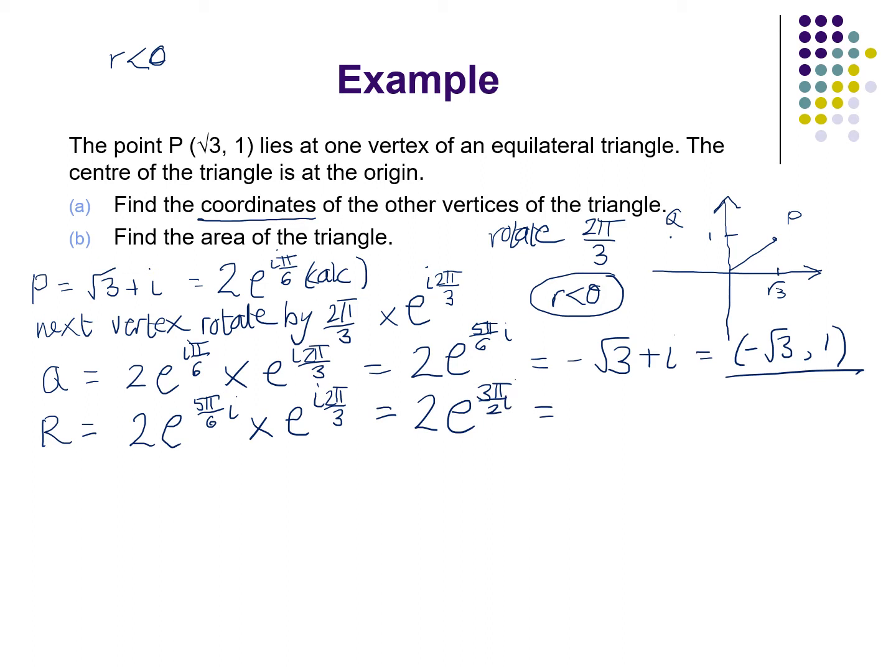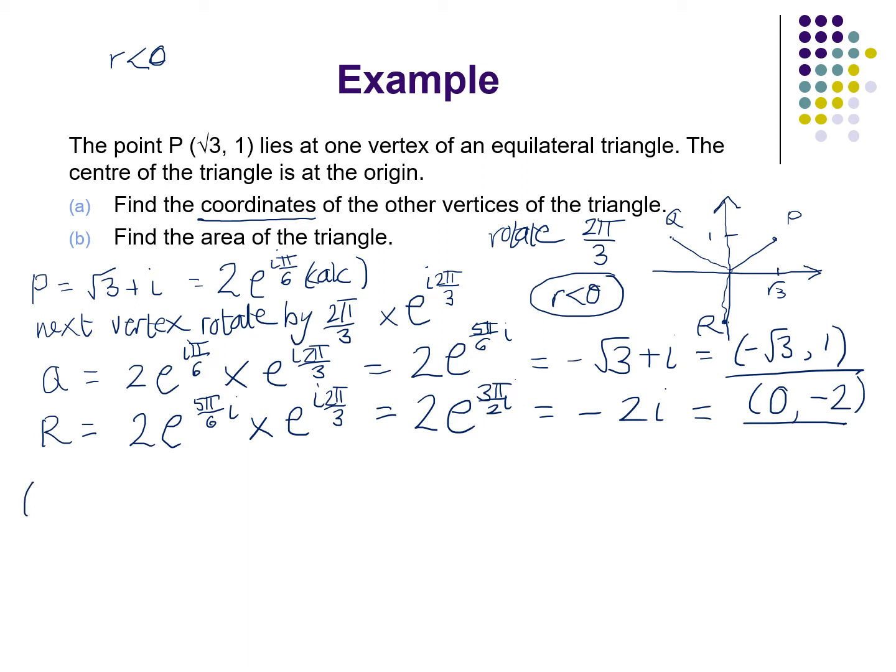And again, use your calculator, that will tell you that's minus 2i, so that's actually down on the imaginary axis down here. So my R is going to be down here to make my equilateral triangle like that. So as a coordinate, 0, minus 2.